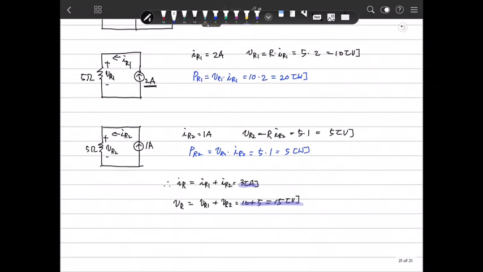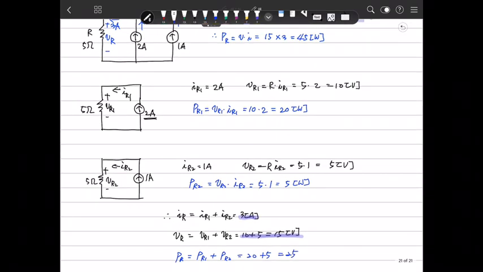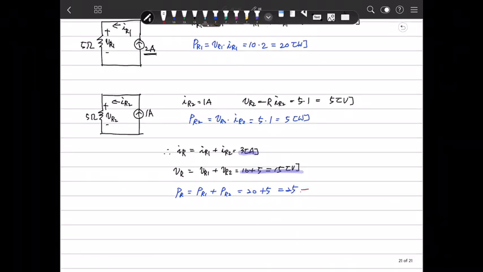So how about the PR? PR1 plus PR2 is 20 plus 5 is 25. You know, that value is 45. This is not the same as 45.